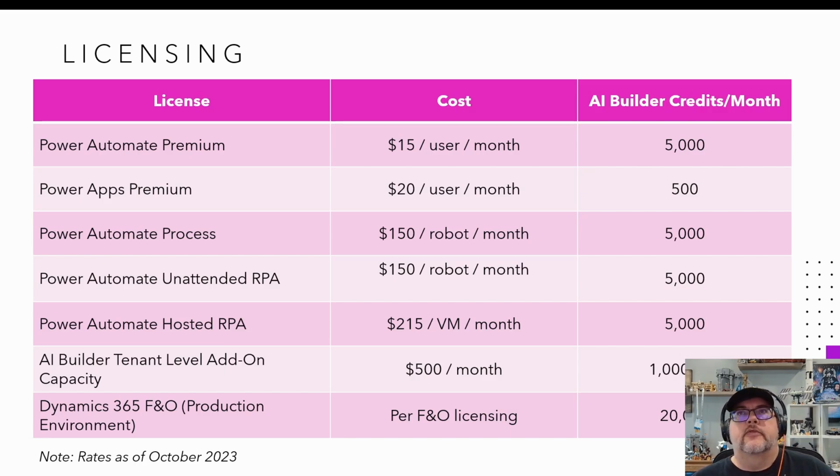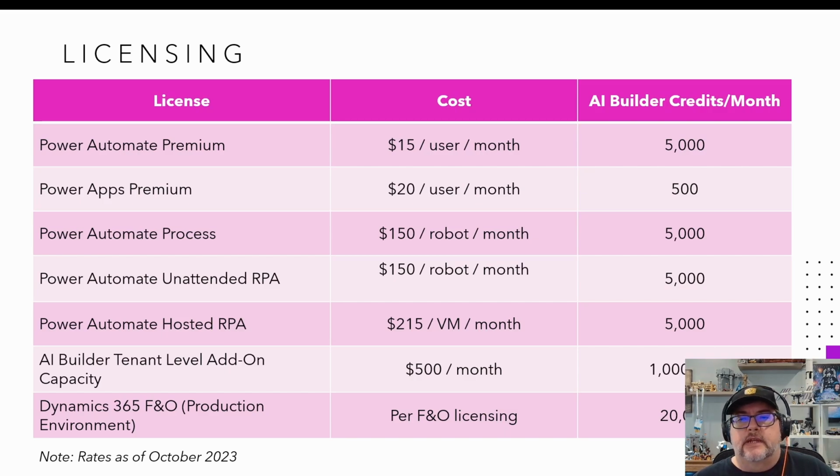So you have a certain number of credits per month per license. And most of the time, those credits can either be pooled, and again, it depends on the setup and your tenant and your environment, at the user level or at the tenant level. You cannot transfer credits across tenants.